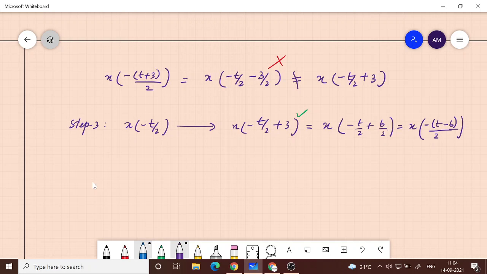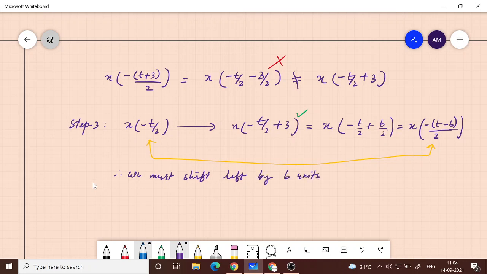So if you compare this one with this, now I can tell you that therefore we must shift, not right, left. We must shift left by 6 units.